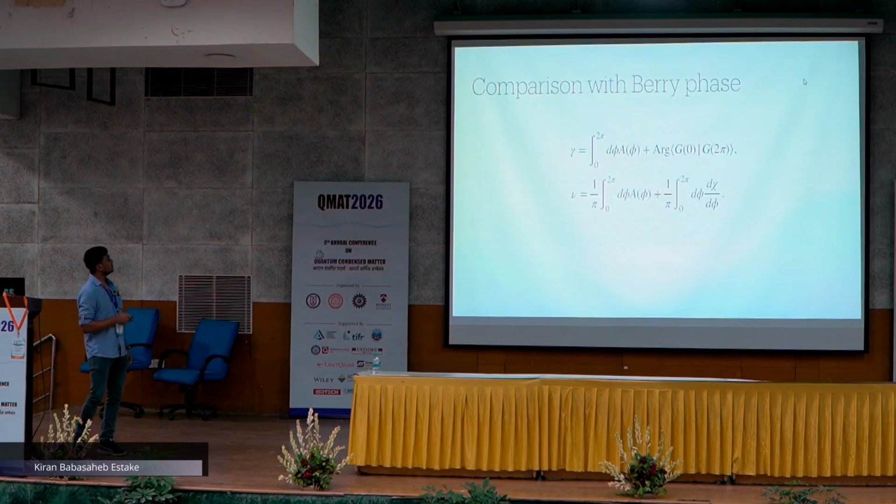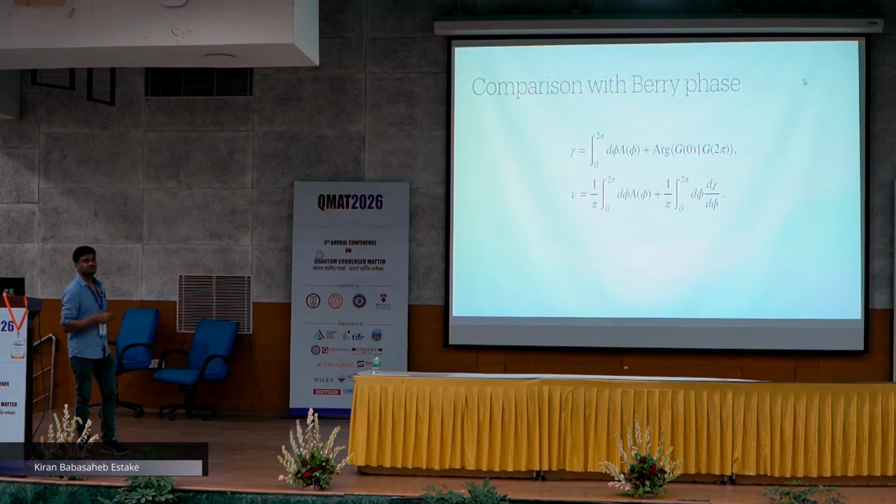Now let us compare Pancharatnam's winding formula with the Berry phase formula. If you look at these two formulas carefully, you will realize that apart from these 1 over pi factors, the only difference between the two formulas is this second term. The Berry phase only cares about the relative phase difference between the initial and final state.